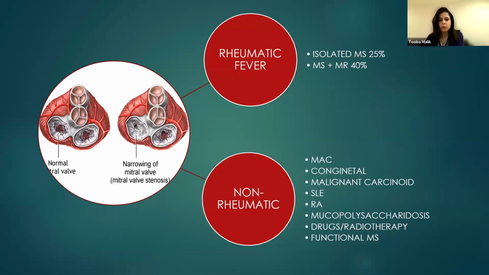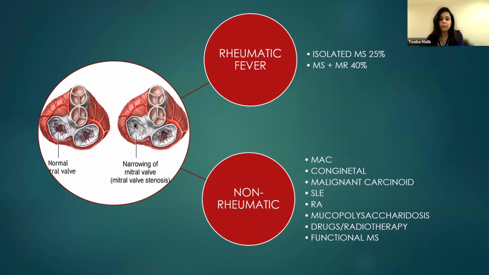And then we have some non-rheumatic causes of mitral valve problems as well, such as mitral annular calcification, congenital problems, malignant carcinoid, SLE, which are obviously your connective tissue and autoimmune disorders, and rheumatoid arthritis, certain drugs.